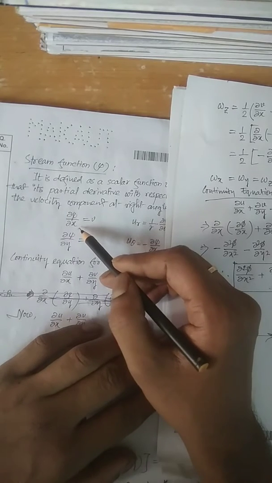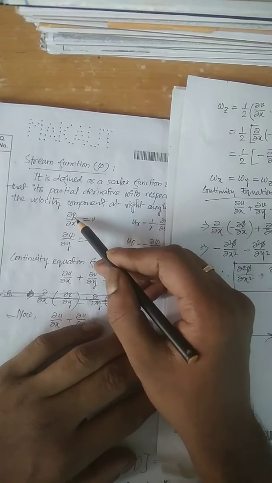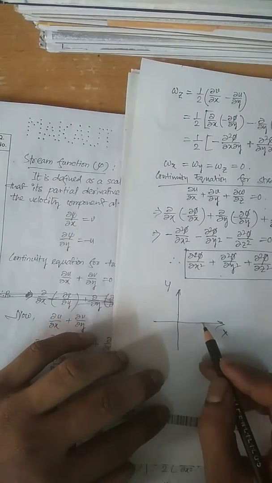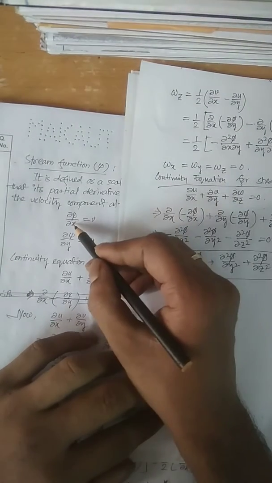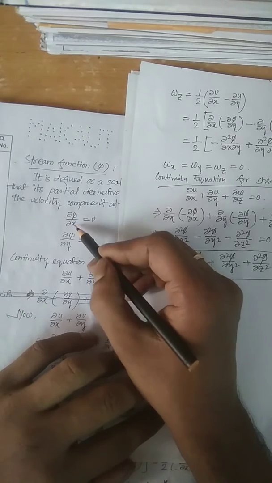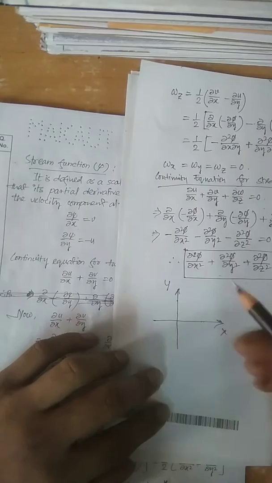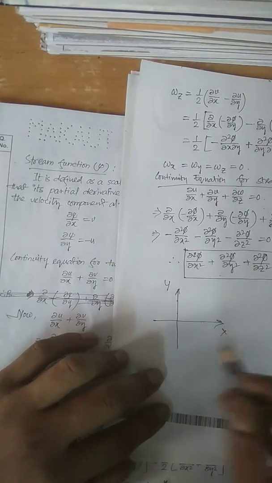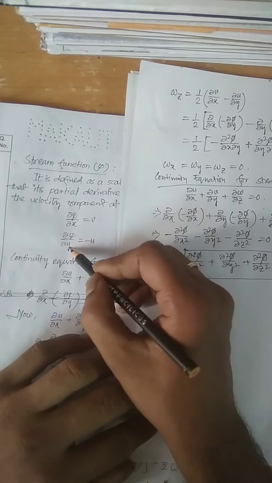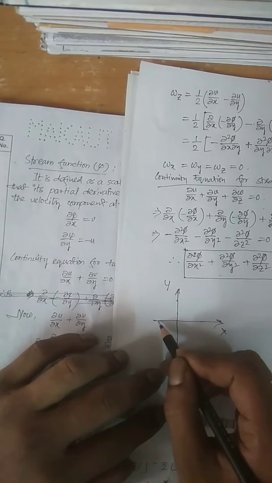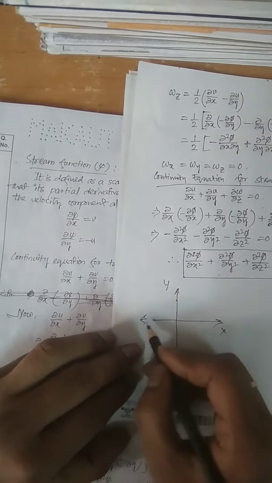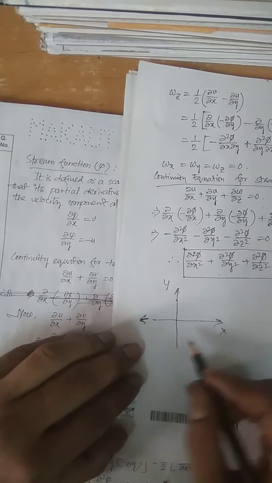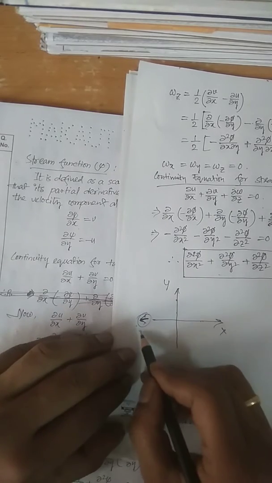The derivative of psi with respect to x gives the velocity component at right angles to that direction, that is, the velocity along the y direction, v. Similarly, the derivative of psi with respect to y gives the velocity in the x direction, which should be minus u.